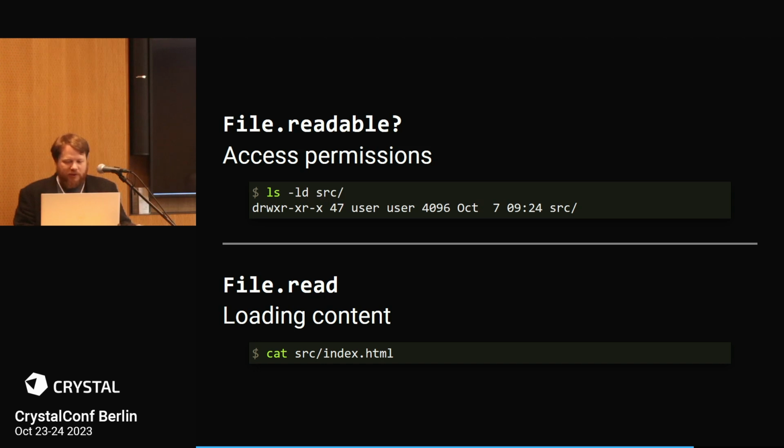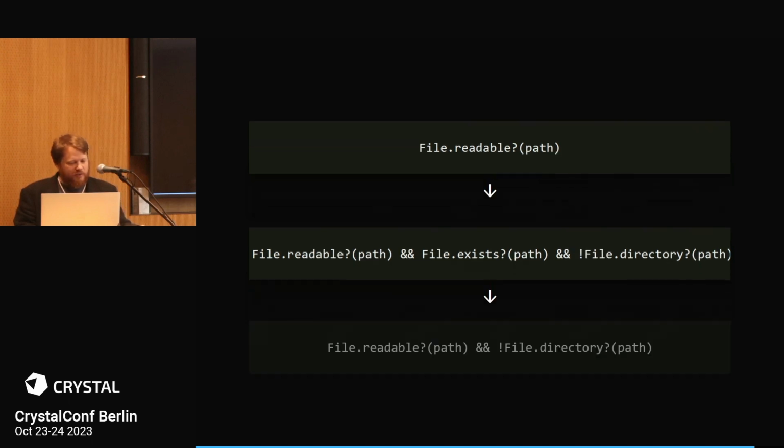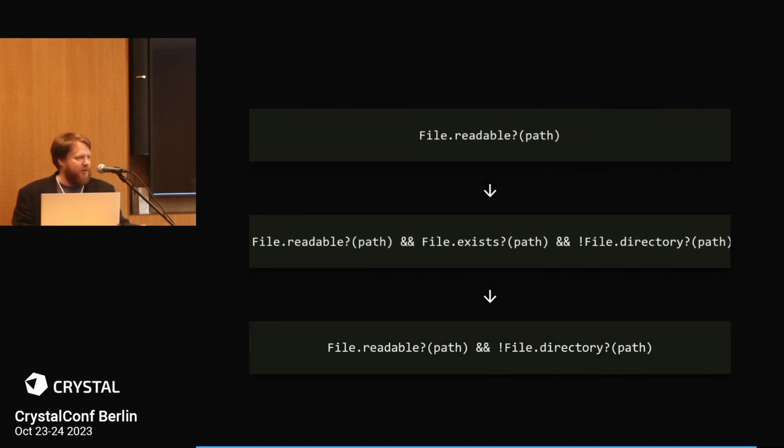Anyway, what you really want to do, again, is instead of just readable, probably combine that with the previous check, that it's a file and it exists, and that you can read from it. You can shorten that a bit, because file exists and readable are really doing the same thing in that way.